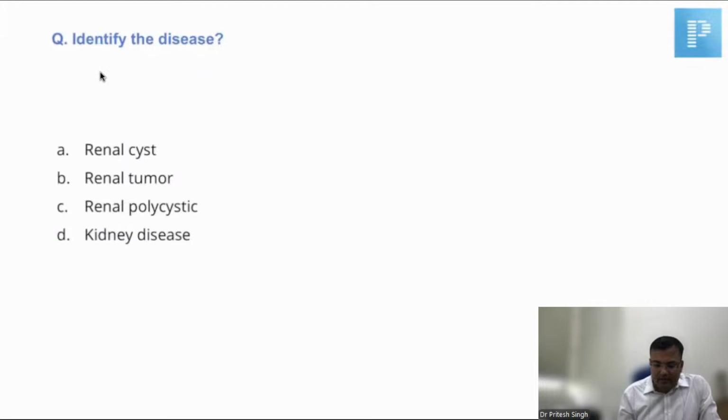Next, identify the disease. Can anybody tell me what was the question? What kind of disease was there? What was the image? Renal cyst, renal tumor, renal polycystic, means polycystic kidney disease. Guys, what was the question related to these options?